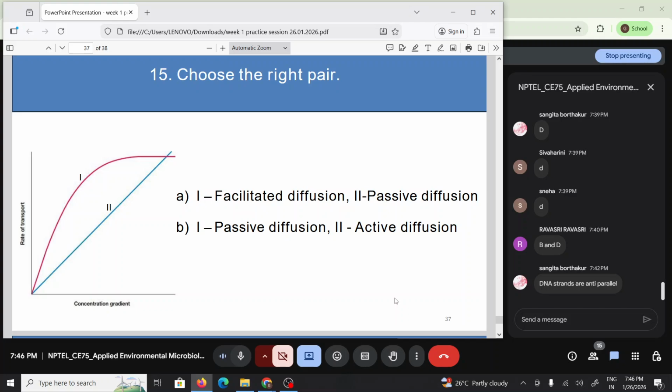So you can rightly choose. You just have to go through the trend of the rate of transport against the concentration gradient.